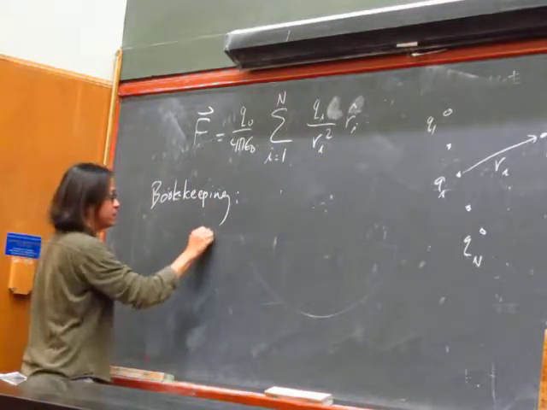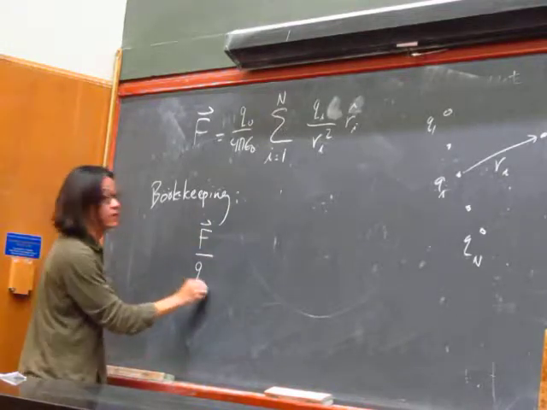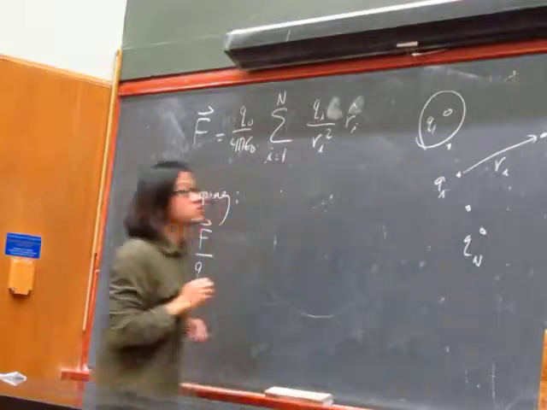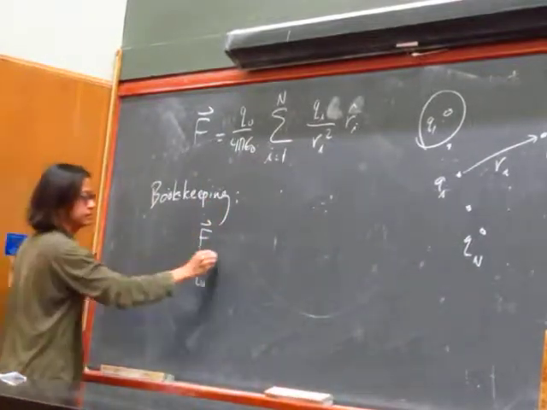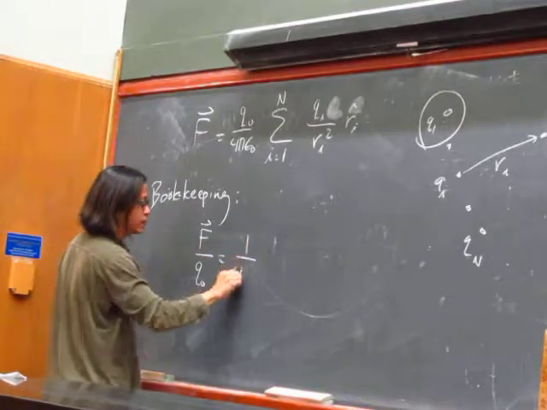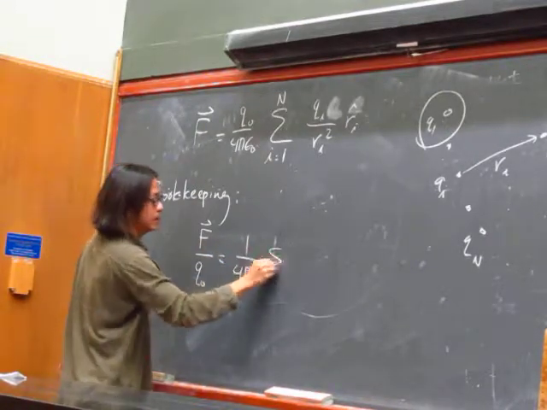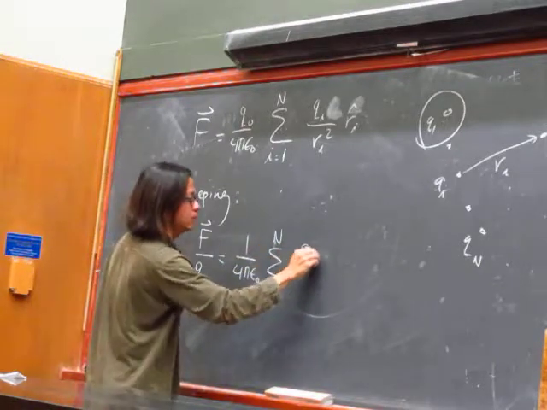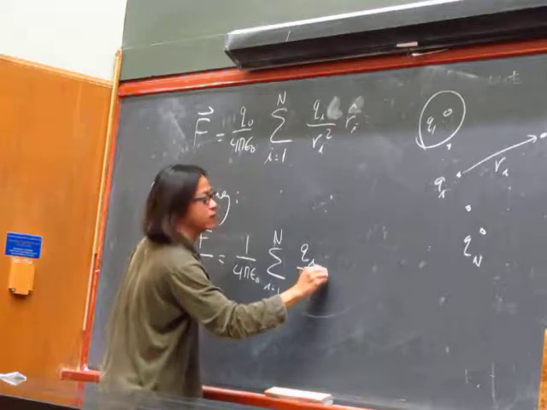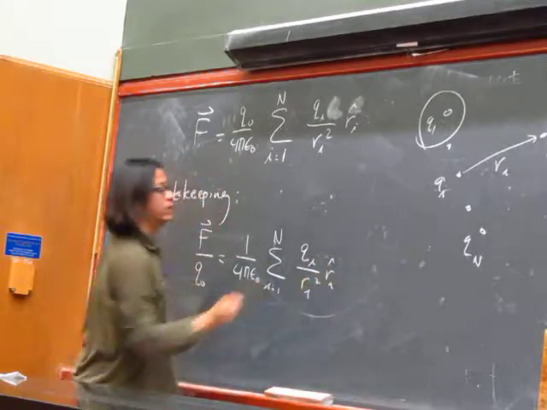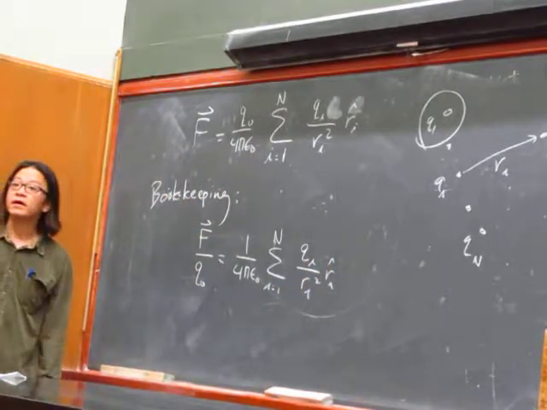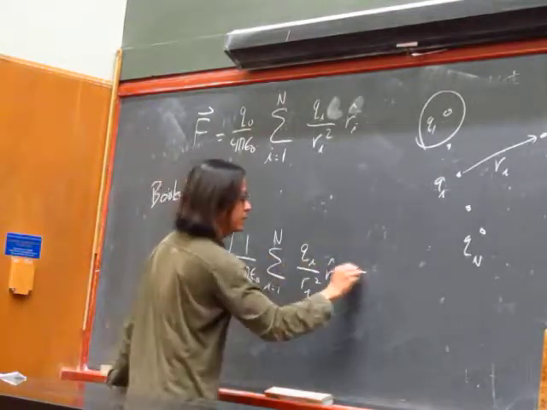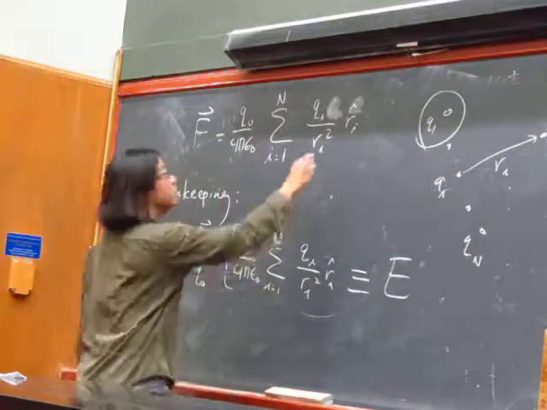So let's divide the force by Q naught, because this is the charge that I call the test charge. And what you have is just 1 over 4 pi epsilon naught times the sum from i equals 1 to n of Qi over Ri squared in the direction of Ri. And I define this to be the electric field at this point.